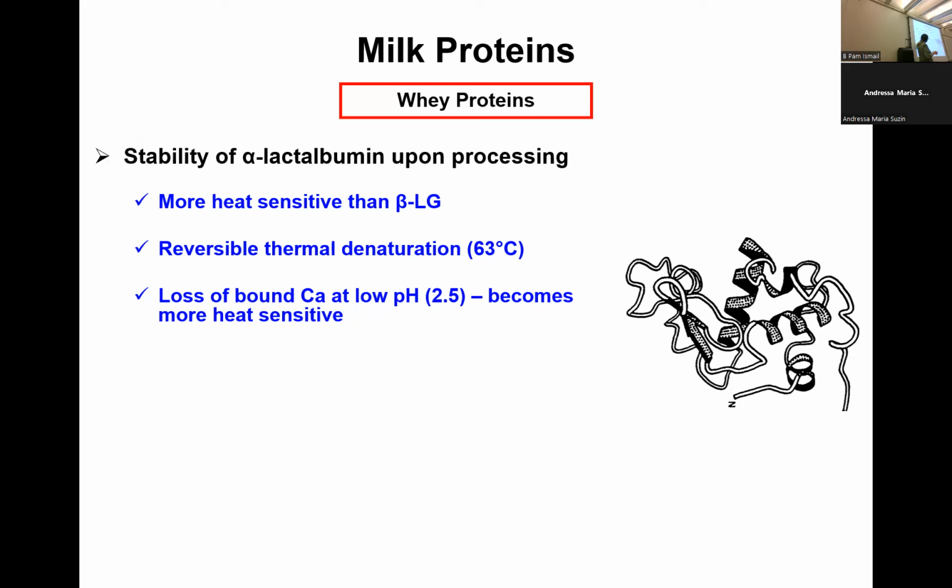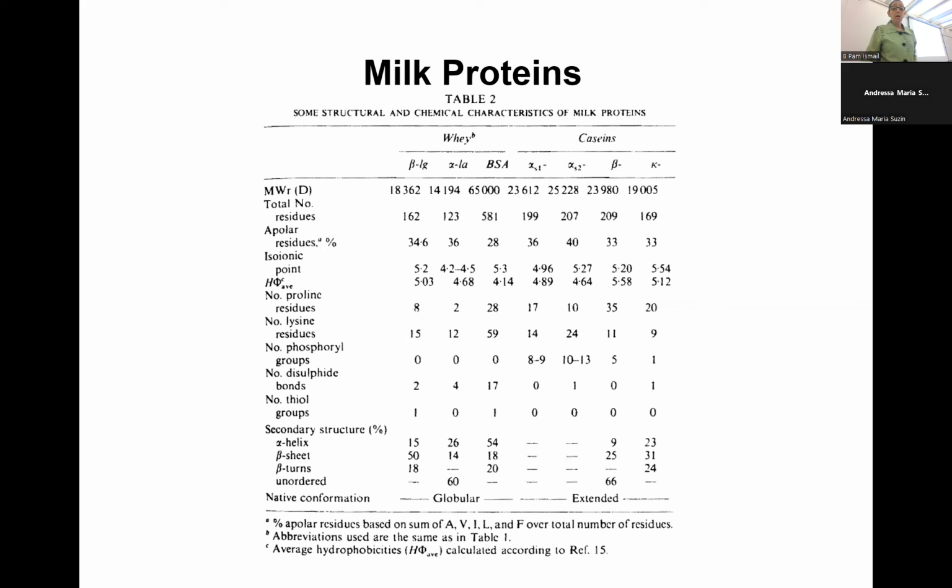Presence of calcium helps with stability, but at low pH of the milk, we start losing calcium, it dissociates and becomes more soluble in water, and then you lose some of that stability caused by holding on to the divalent ion.